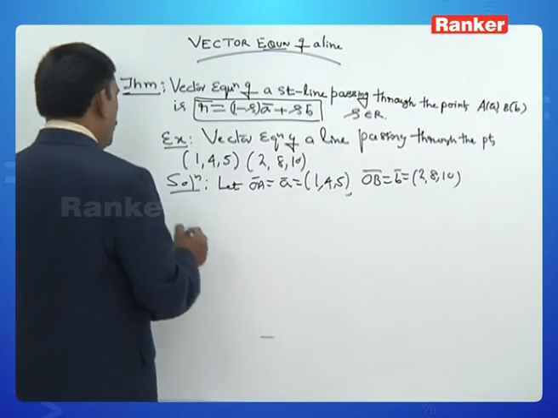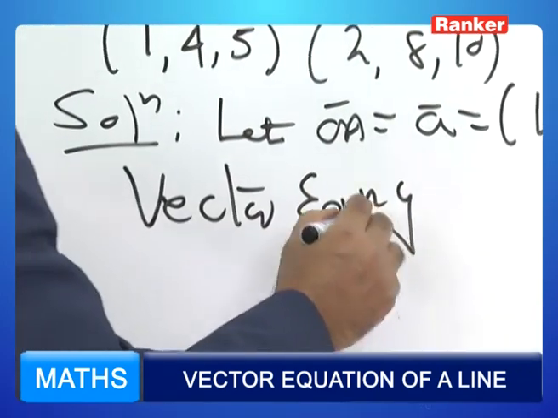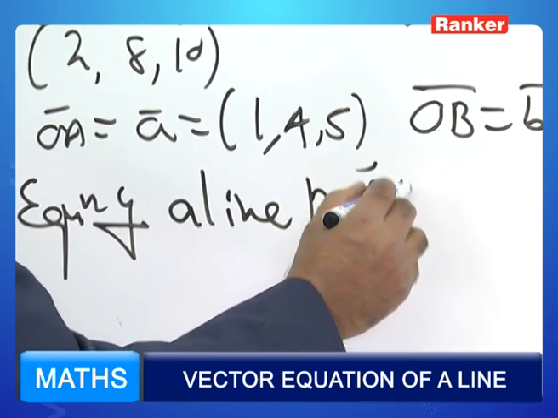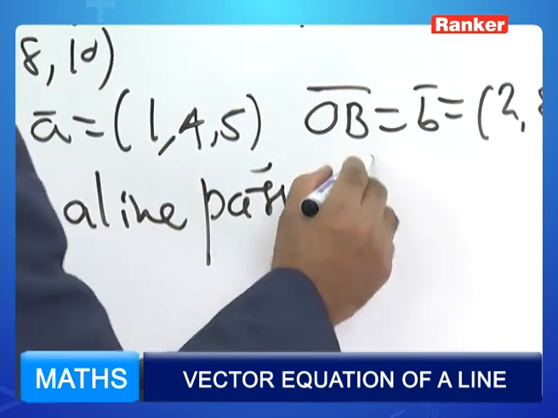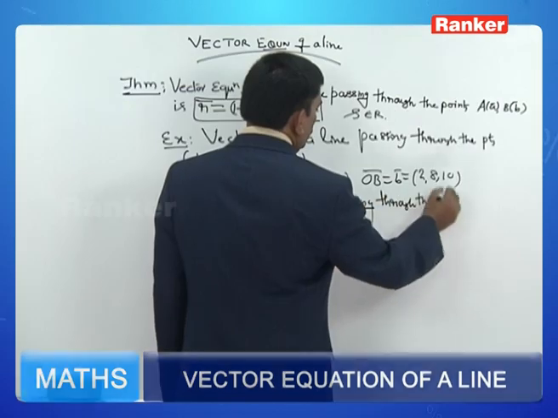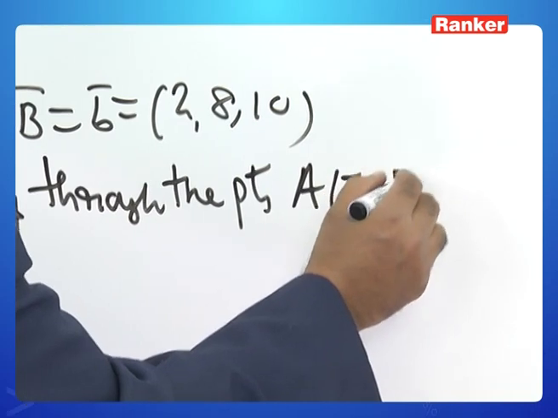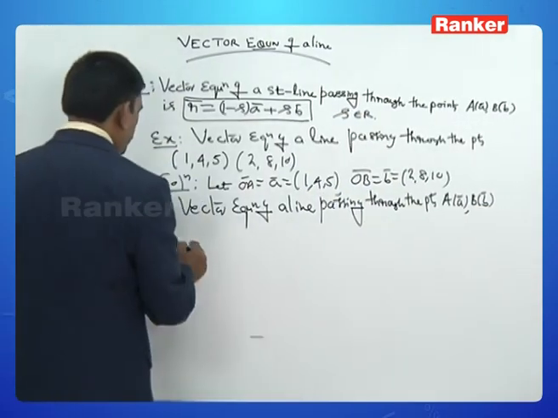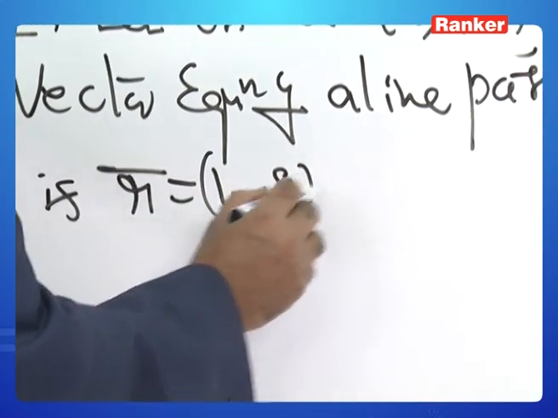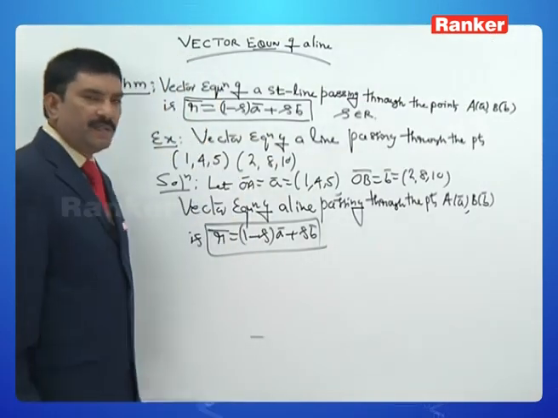Just substitute into the vector equation of a line passing through the points A of A bar, B of B bar, which is R bar is equal to (1 minus S) into A bar plus S B bar.